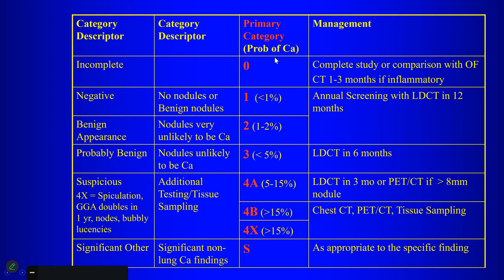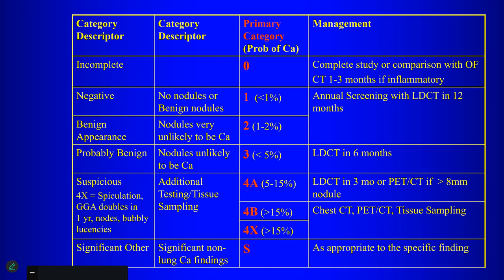So the probability of cancer, you see how that changes as the score rises, and I've given this to you in your handout also. And one other thing that comes up with lung cancer screening is this S category, which is significant non-lung cancer finding. So remember, we're looking at other organs besides the lung. So let's say you see a renal mass that you're concerned about, but there are no lung nodules.